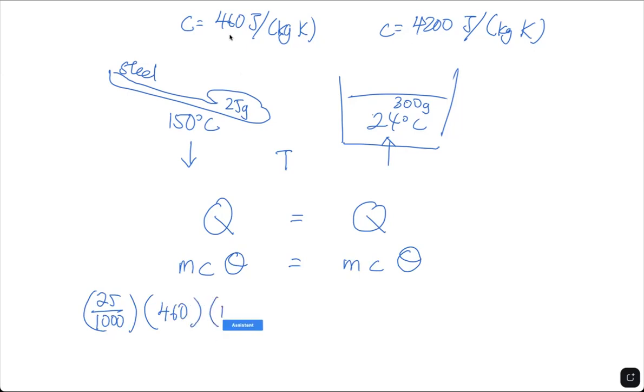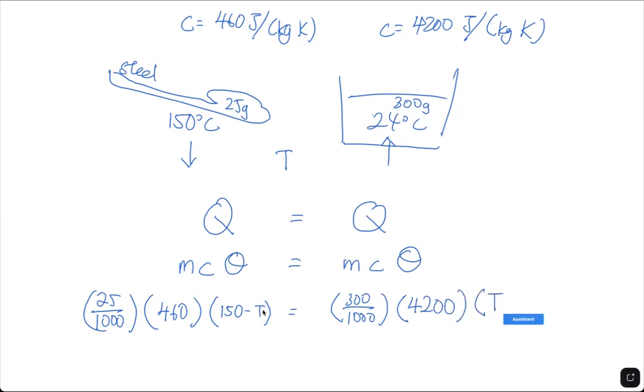The temperature difference is 150 minus T. This has to be the same as 300 over 1000, the mass of the water, multiplied by the specific heat capacity of the water, and T minus 24 degrees Celsius. Now I want you all to solve this equation, make T the subject, and you should be able to get the answer. You all go and calculate now.